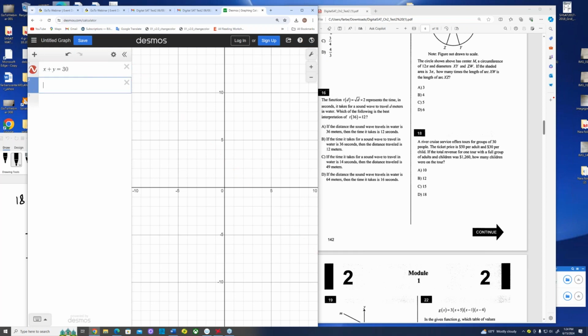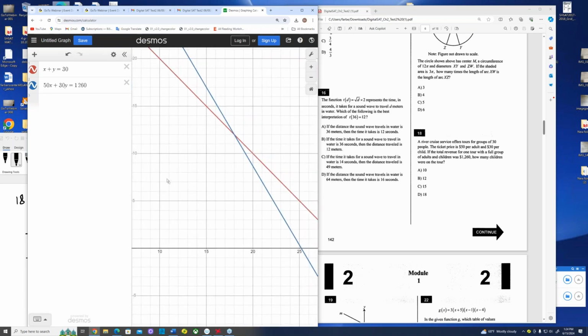And in addition, you have 50x plus 30y, and this equals 1260. So you have these two graphs. Now let's see.